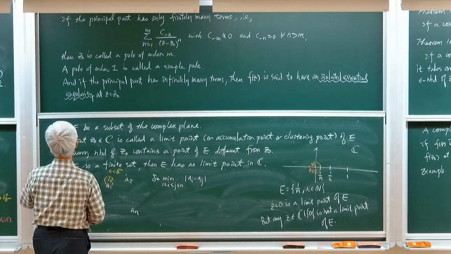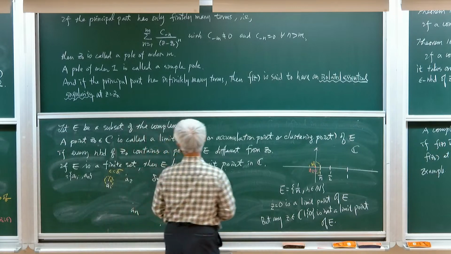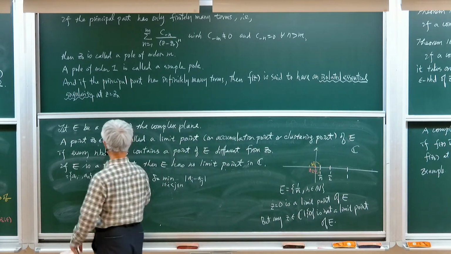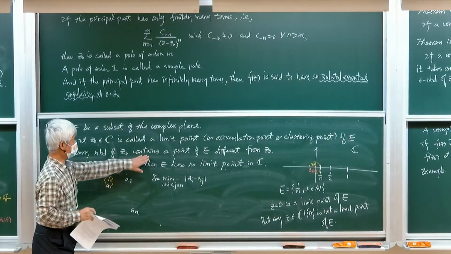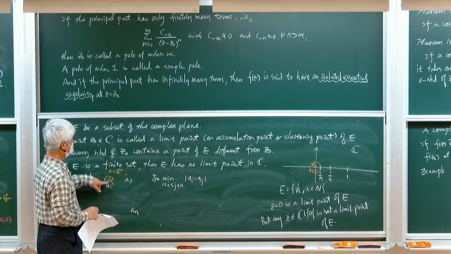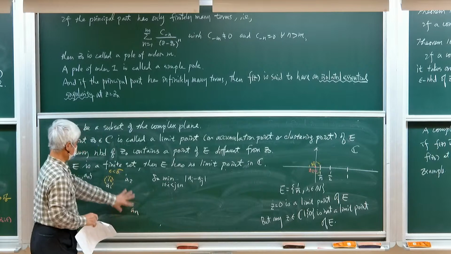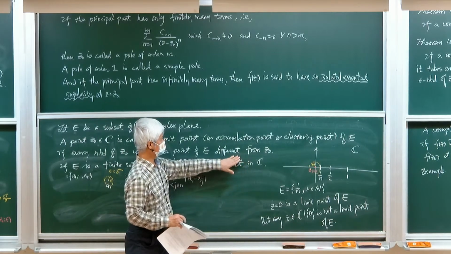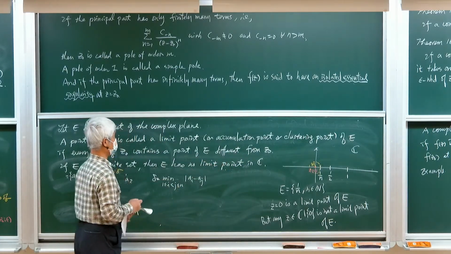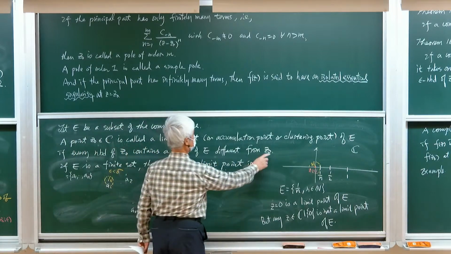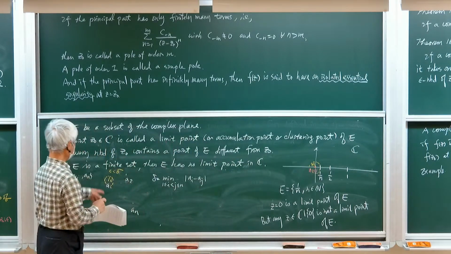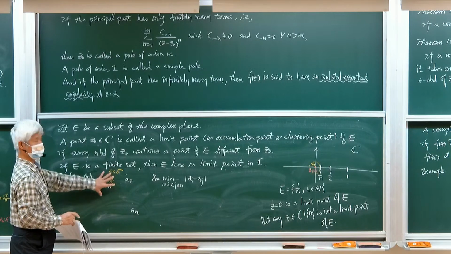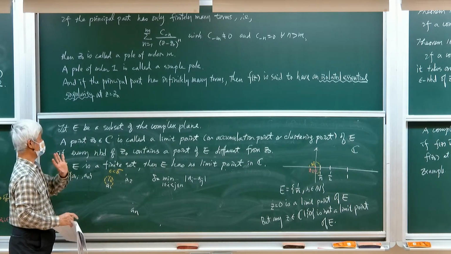And as a limit point, any neighborhood of A1 cannot contain other points, because we require points different from Z0. Even though the neighborhood contains the center, A1 itself does not count.